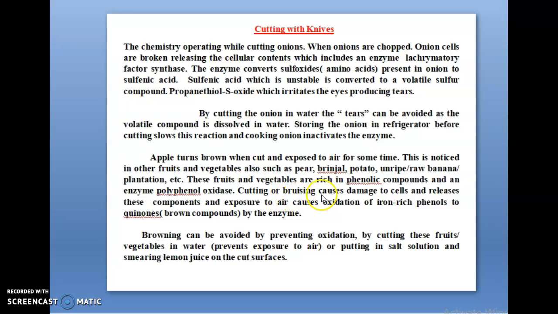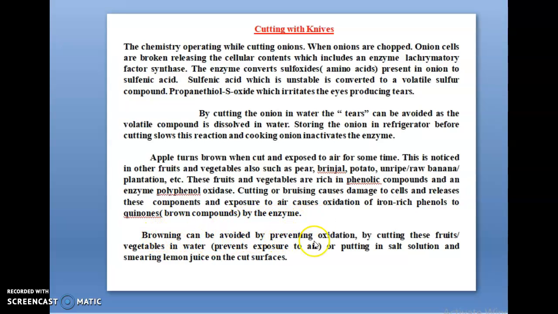Cutting or burnishing causes damage to cells and releases these components, and exposure to air causes oxidation of phenols to brown compounds by the enzymes.